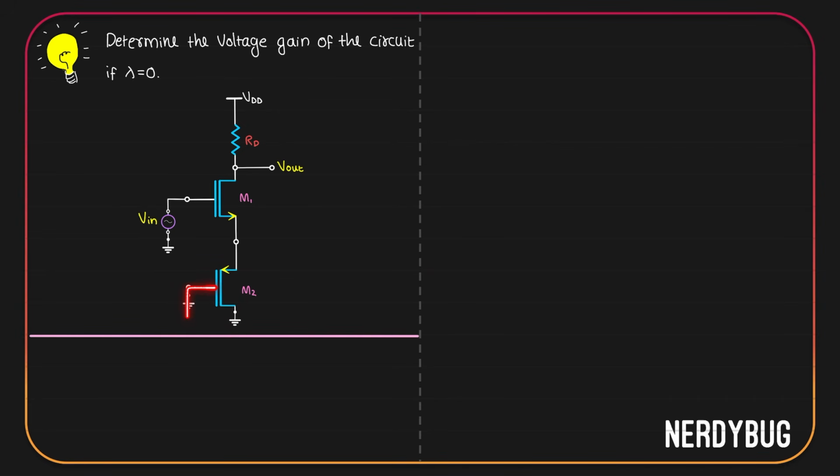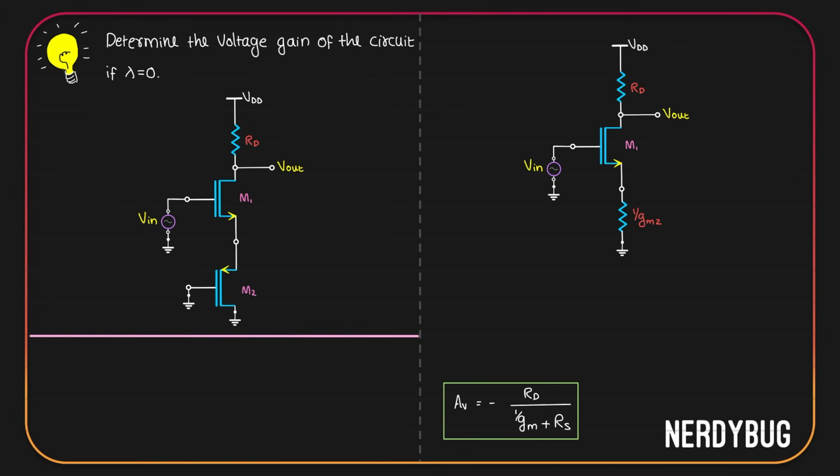So technically they are shorted, which means this is a diode connected load, which means we can model it as a resistor whose resistance is 1 by gm2. Lambda is 0, so we do not have to consider r0. Let's remodel the circuit like this. Let us find the voltage gain. What we have over here is basically just a common source amplifier with degeneration. We have already seen the derivation for the voltage gain.